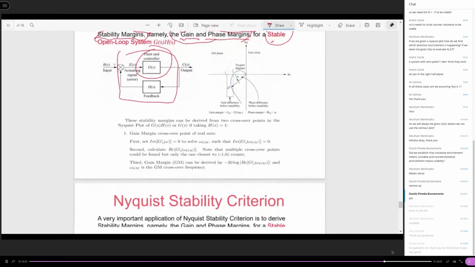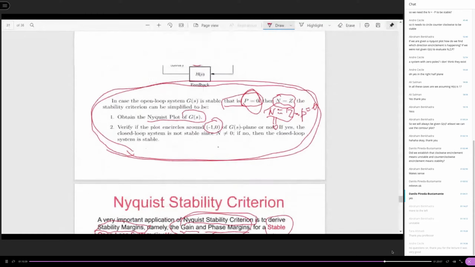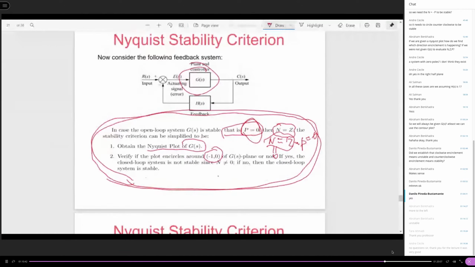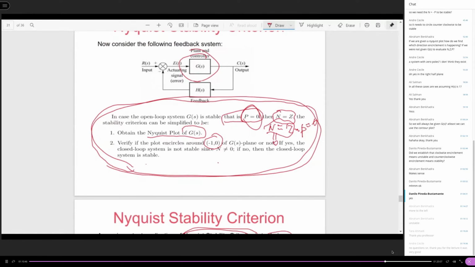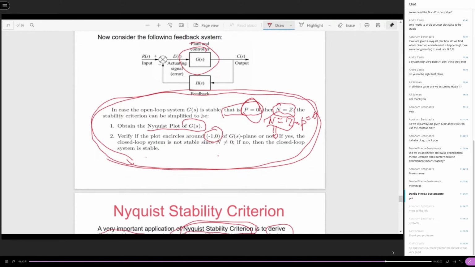Now we need to go back here, because if the open loop system is stable, then the Nyquist stability criterion can be very simple. I should not see any encirclement around the -1, 0 point. If the closed loop system wants to be stable, there should be no encirclement around the -1, 0 point, right?